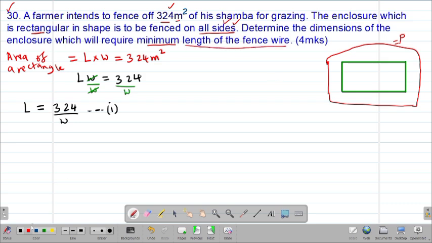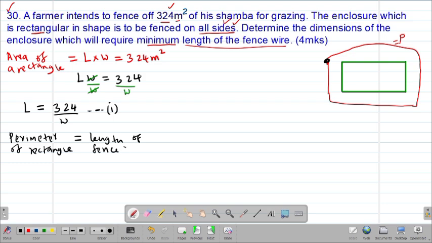So a point to note is that the length of the fence wire will be equal to the perimeter of that particular figure. Since all sides were fenced around, it simply implies that the perimeter of the rectangular shamba will be equal to the length of the fence wire.